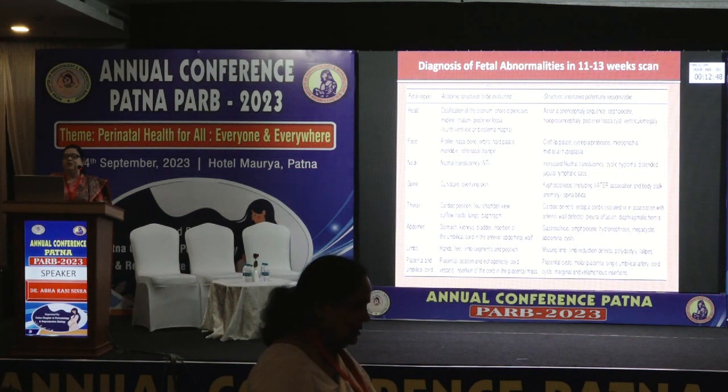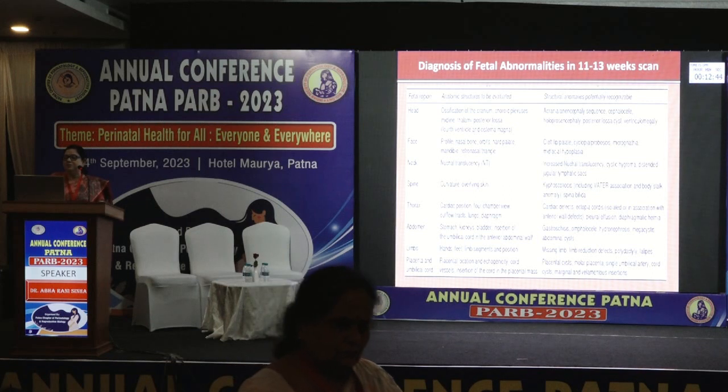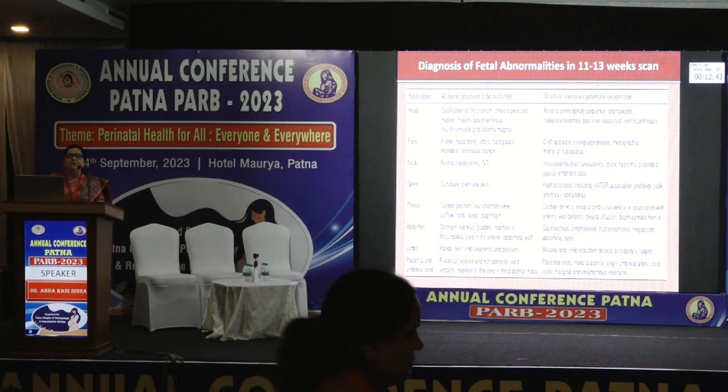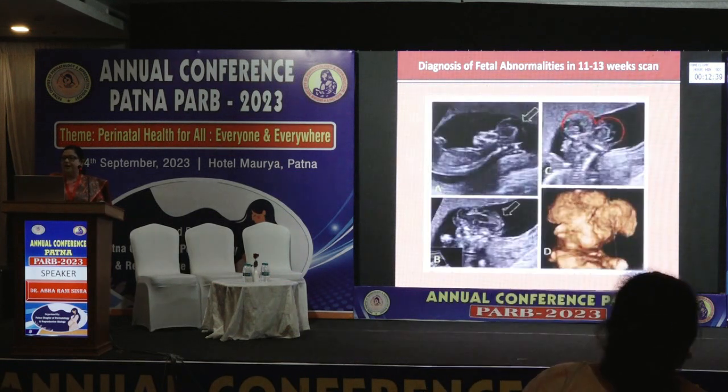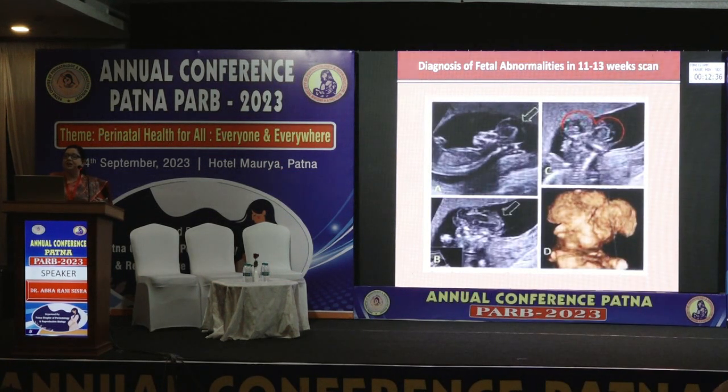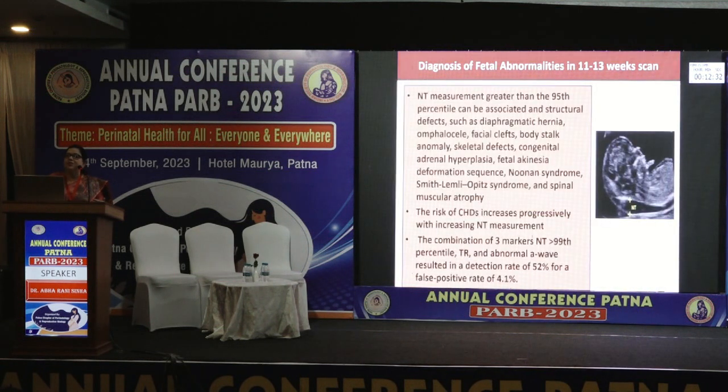These are the different anomalies of head, face, neck, spine, thorax, abdomen, limbs, placenta and umbilical cord, which can be diagnosed as early as 11 to 13 weeks, and therefore we can help these mothers by terminating the pregnancy if it is an anomaly which cannot be rectified or which does not lead to a viable fetus.